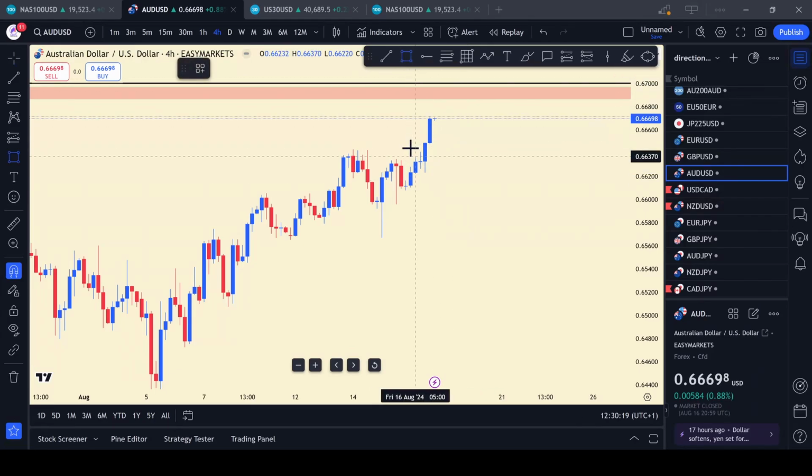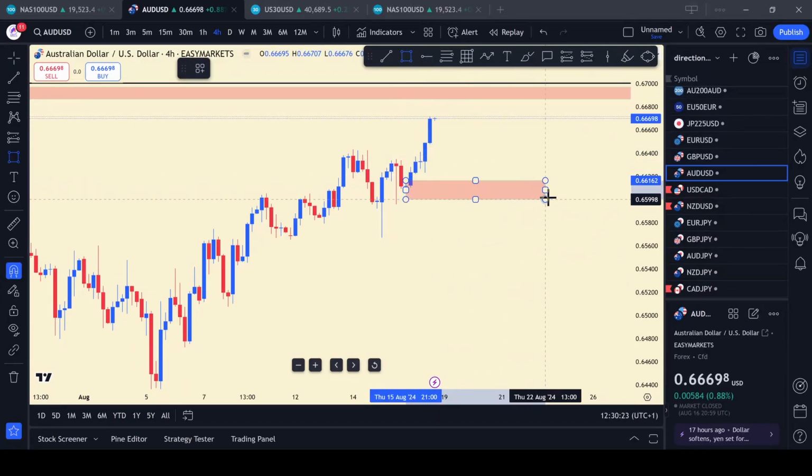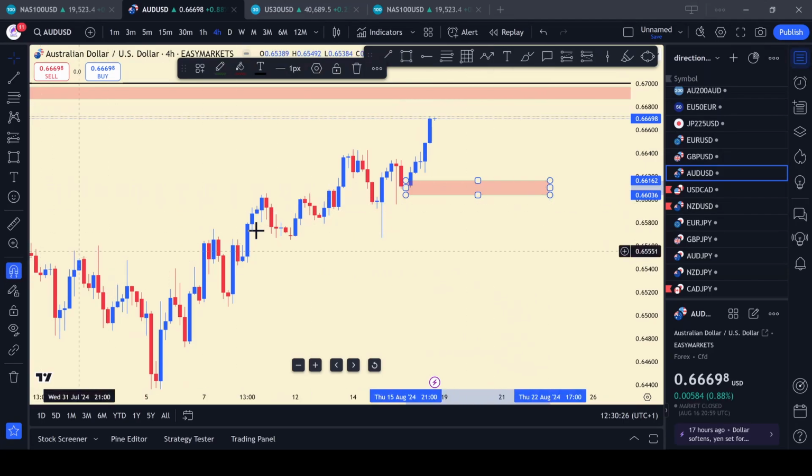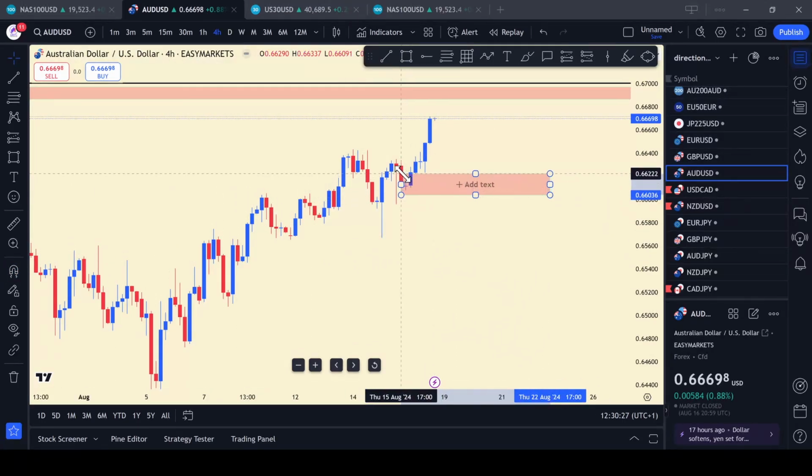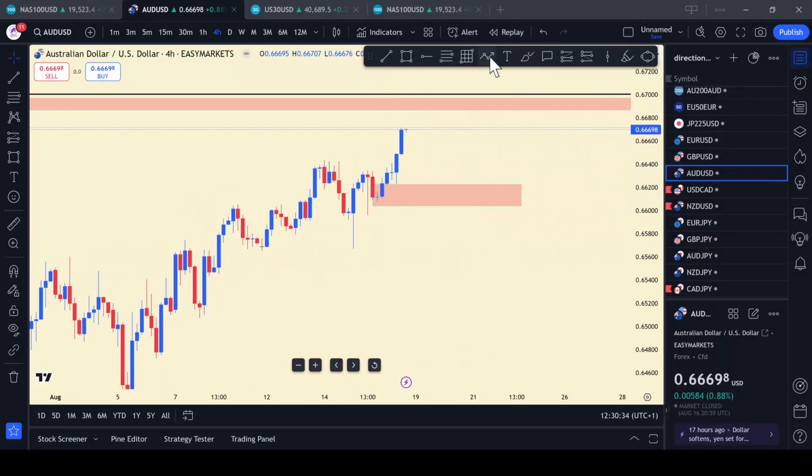But for now, I can mark these levels like this for my entry. I have a key price I'm looking for, but for the purpose of you to learn and study, this level is what I'm expecting price to trade into. All right, when it trades in here, I will buy.